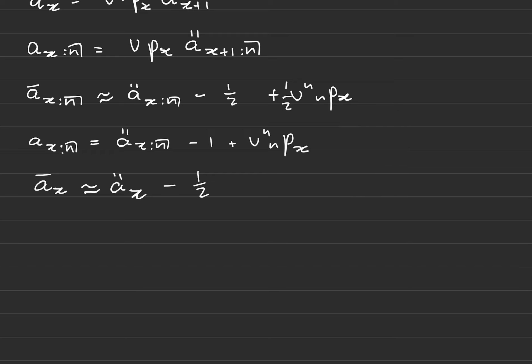Okay, so I first subtract the half for the same reason that I'm subtracting a half here, or essentially because of the first payment that's happening, same reason that I subtract the 1 there, except I'm subtracting a half because it's not fully switching from start of the year to end of the year. It's switching from beginning of the year to continuously payable, so I subtract the half.